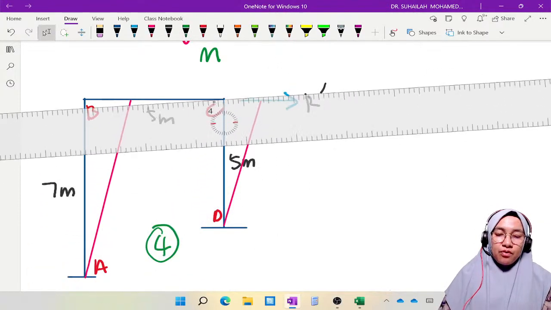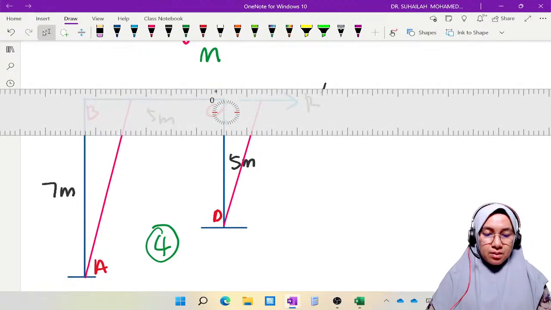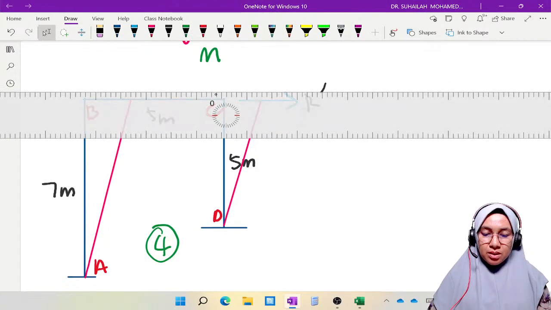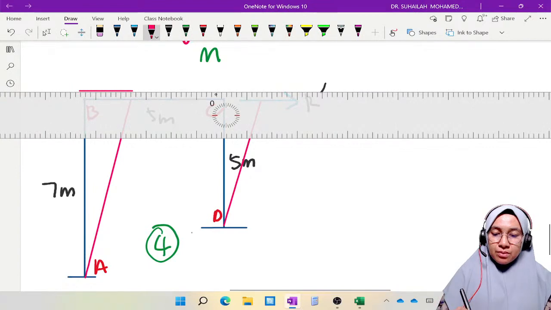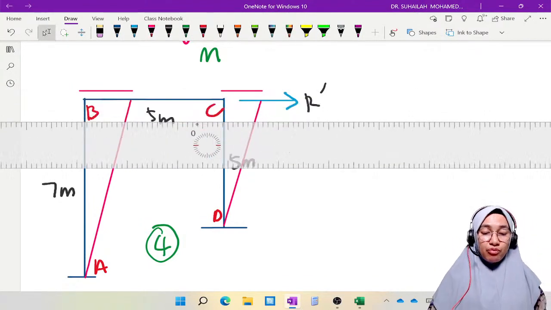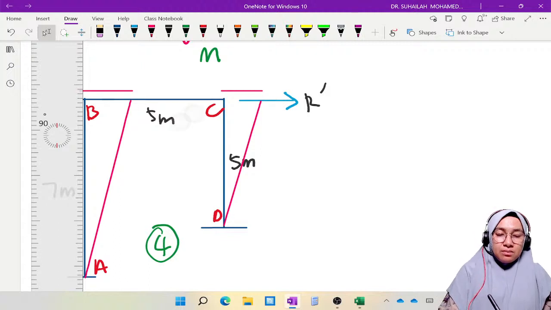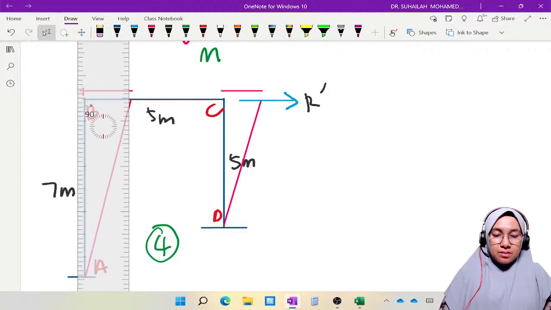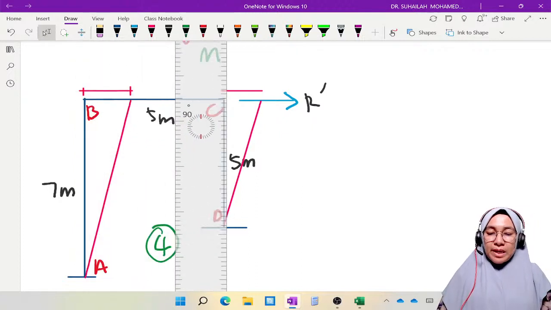So for frame analysis, we have to focus on horizontal displacement. It is side sway, side movement. It can also move to the left direction, depending on the loading.